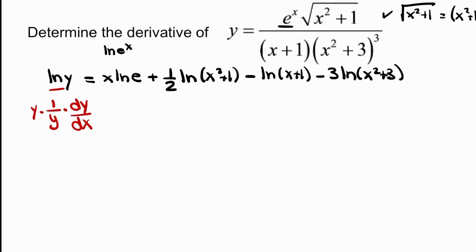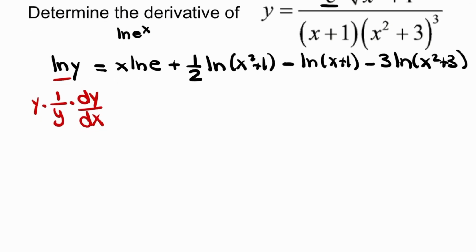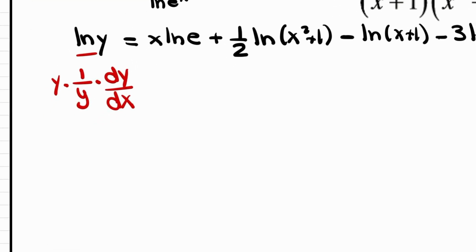So I am going to skip that step just to save a little space. But all that I've done here is now I'm multiplying both sides by y, and I'm just going to rewrite it. So now we are left with the derivative of y as it relates to x is all equal to y times, now we're just going to start taking the derivative.